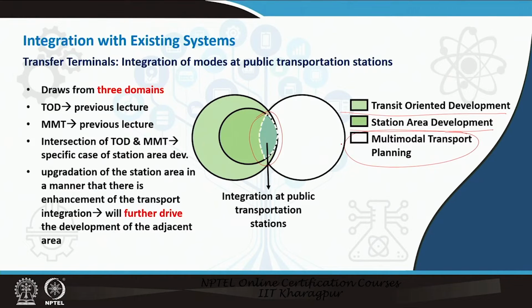That means you have to have facilities that cater to different types of modes. Believing that a station facility is just a standalone facility for one mode will not promote multimodal transportation. It will only promote individual modes of transportation.